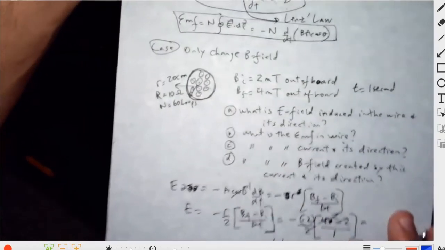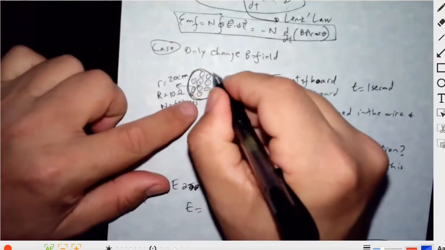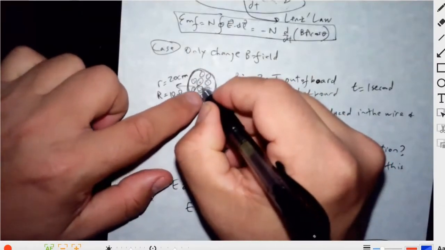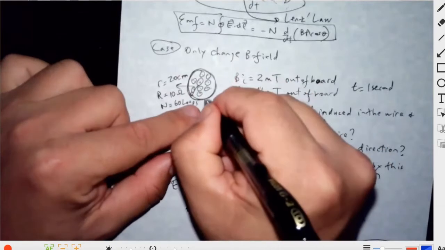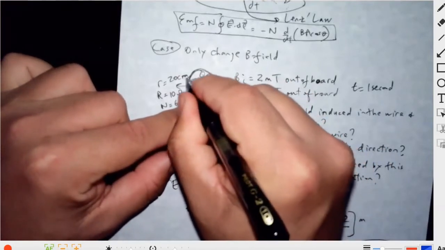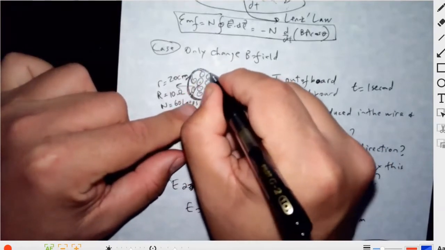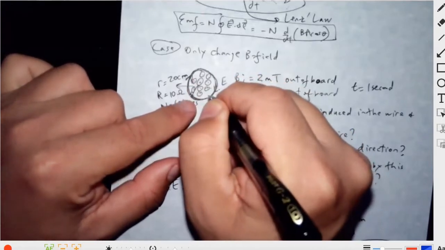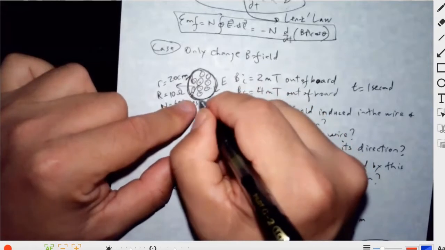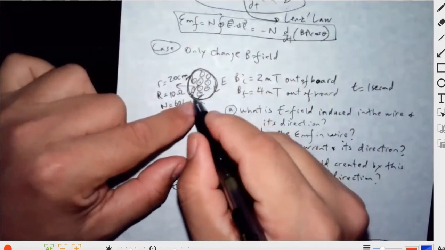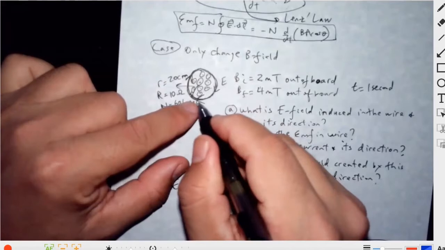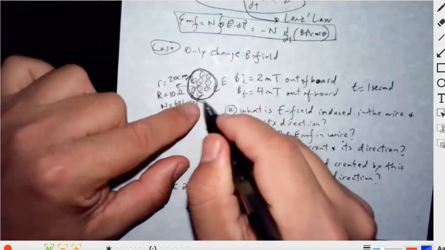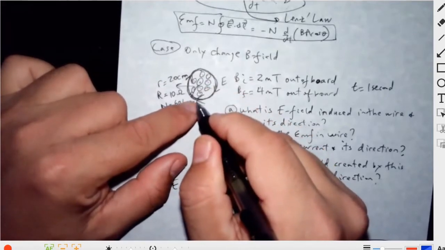So what does that mean? Inside of this wire, by changing the B field from 2 to 4, you are creating an electric field inside of the wire that's pushing the protons this way. Of course, we know that it's not actually protons that flow. It's negative charges that flow the other way, but it has the same effect.